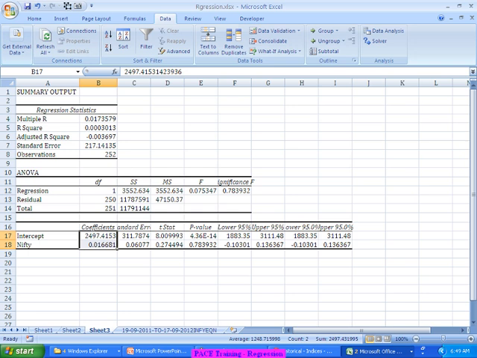Now how are these numbers obtained? The practical way of looking at these numbers is that this coefficient comes out as the covariance between the independent variable and the dependent variable divided by the variance of the dependent variable.